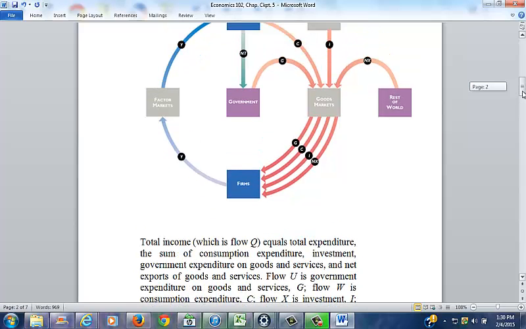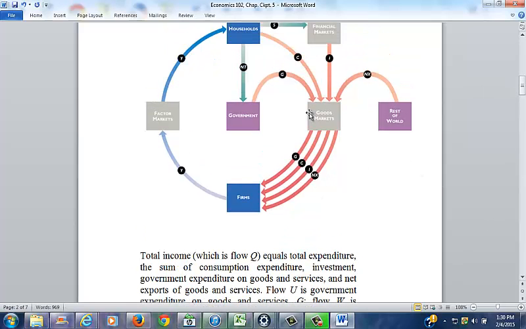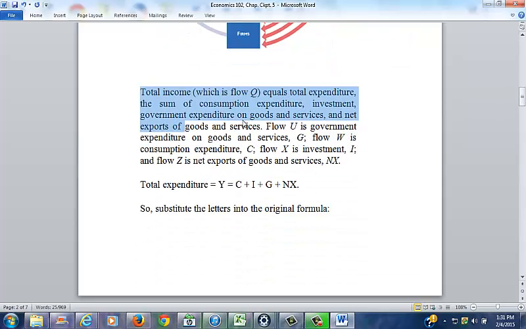You're going to substitute then some of the different letters to figure out the total income. Total income, which is flow Q, equals total expenditure. That's the sum of consumption expenditure, investment, government expenditure on goods and services, and net export of goods and services.